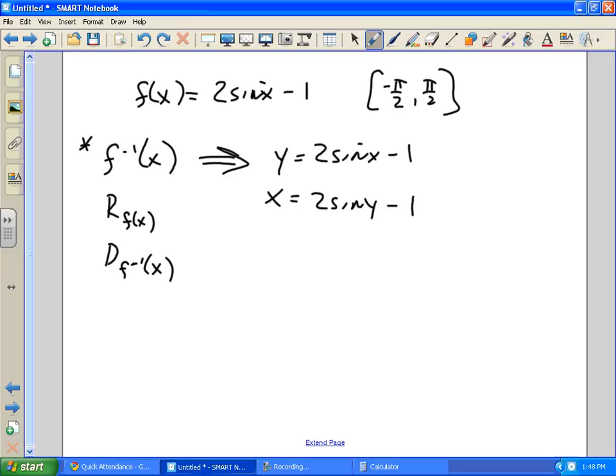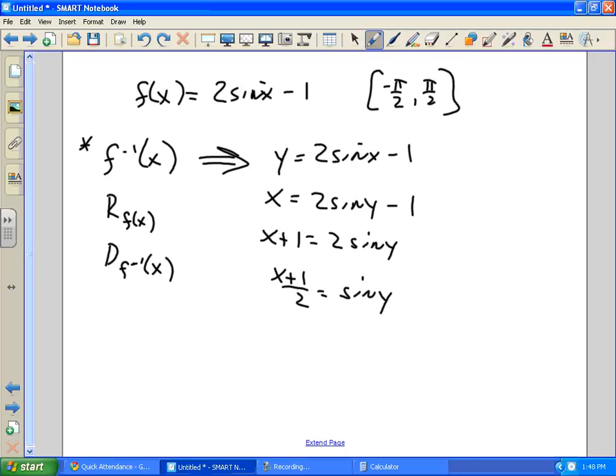And now I solve for y. So what would I do to solve for y? Add 1, so I get x plus 1 is equal to 2 sine of y. I want to get rid of the 2, so what do I do? Divide by 2, so I get x plus 1 over 2 is equal to the sine of y.